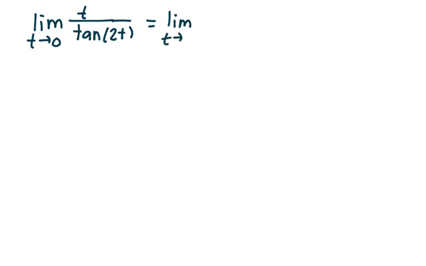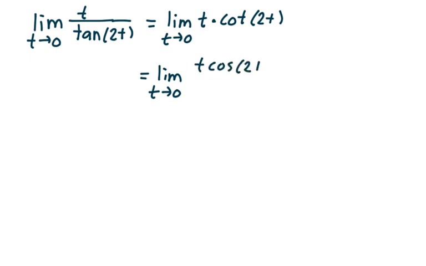I want to look at the limit as t goes to 0 of t divided by tangent of 2t. Now, I can write this as the limit as t goes to 0 of t times cotangent of 2t, which is the limit as t goes to 0 of t cosine of 2t divided by sine of 2t.